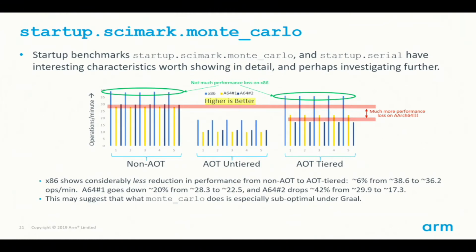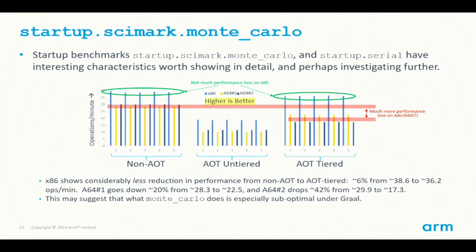x86, that's what this medium blue is, I guess you can call it, it's kind of hard to tell with the lights on. There is not a lot of difference between non-AOT and AOT tiered. But look at that, there's quite a bit of a drop from non-AOT to AOT tiered on AArch64 cores.